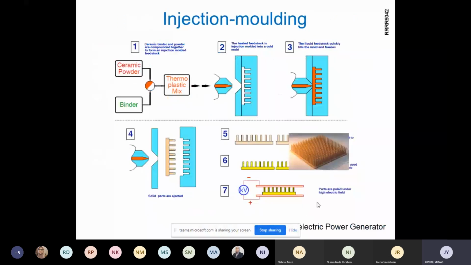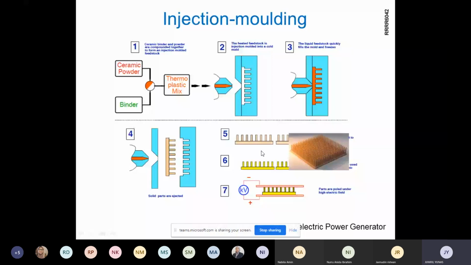So here we have two basic materials, ceramic powder with binder, and then we mix, and then we inject inside a pre-created mold structure, and then we take it out, then we have this structure.